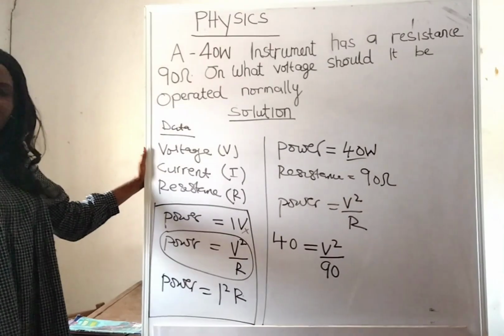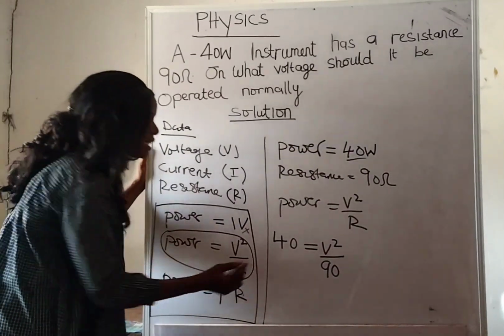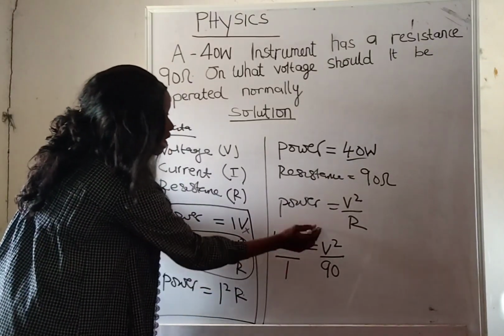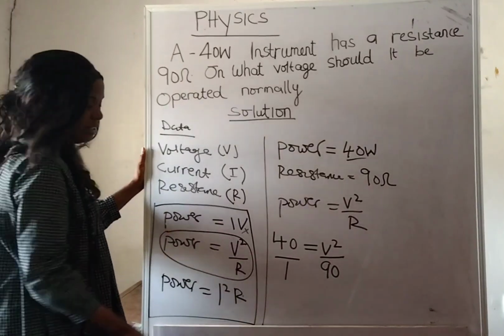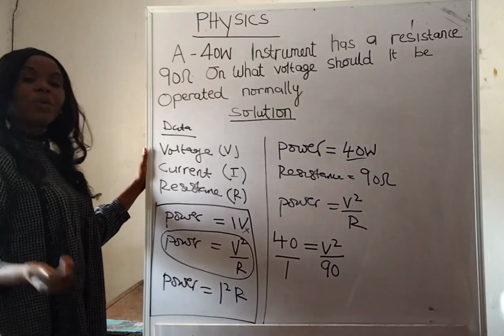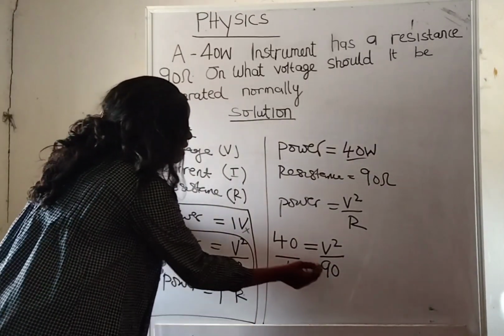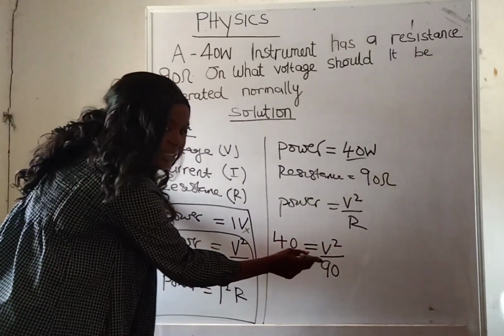So what do we do? We cross multiply. When we cross multiply, let's write 40 over 1 so that it is in fractional form. The one doesn't make any difference, it is just to make it uniform. So I cross and multiply, it means this times this and this times this. I'll start with 40 times 90.